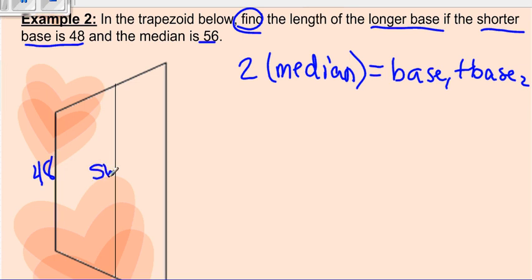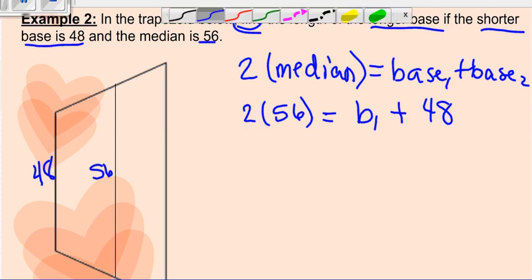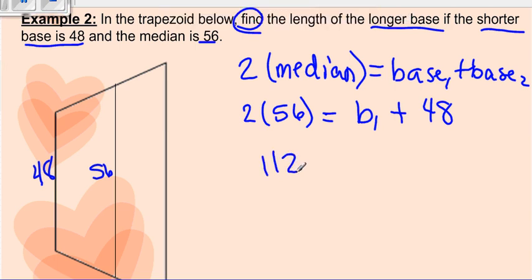So if I know my median is 56, it's going to be 2 times 56 equals, my base 1 is what I'm looking for. I'm just going to use B1 plus 48. And when we multiply 2 times 56, we're going to get 112 equals our B1 plus 48.